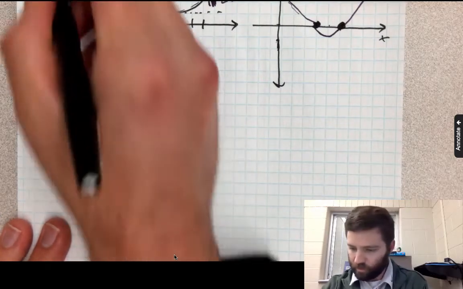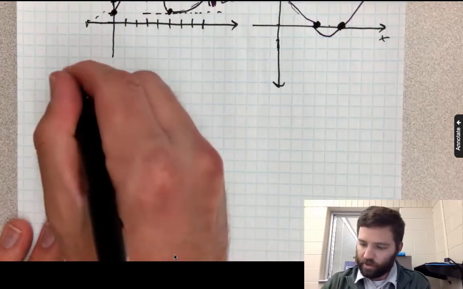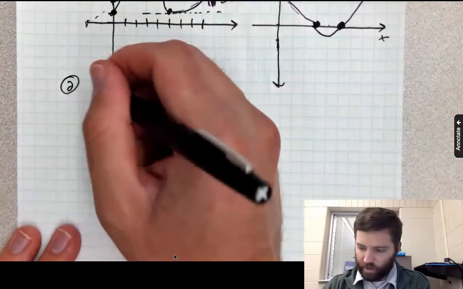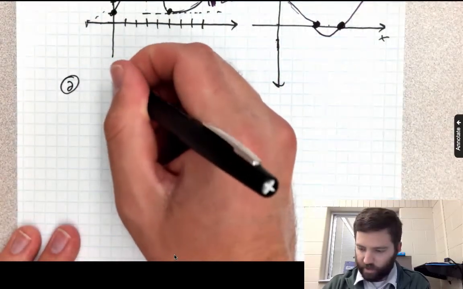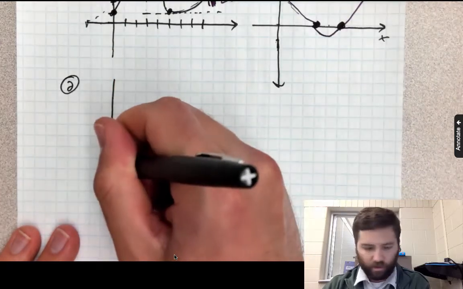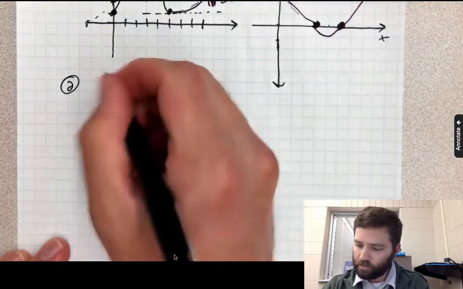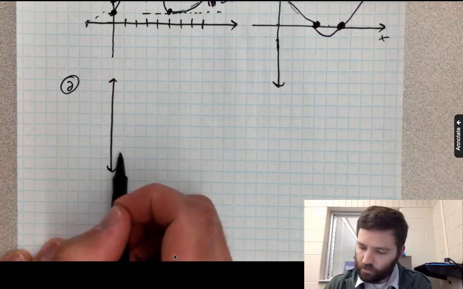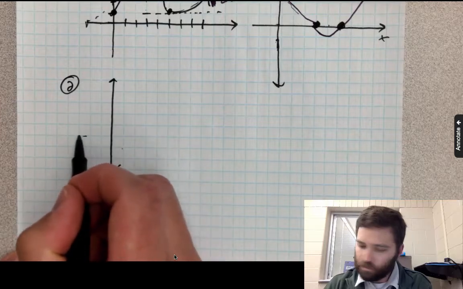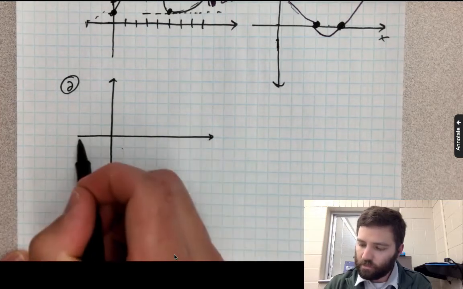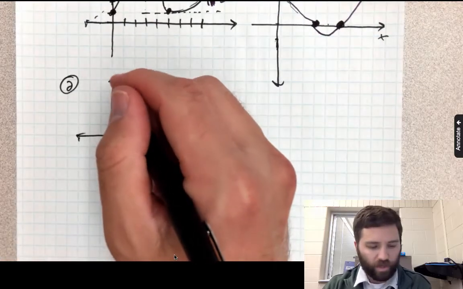So we'll call that number 1. This will be number 2. All right, and if I'm really on my game, I will speed the drawing of this graph up here, so it doesn't take that long. Okay, so we have some points here.